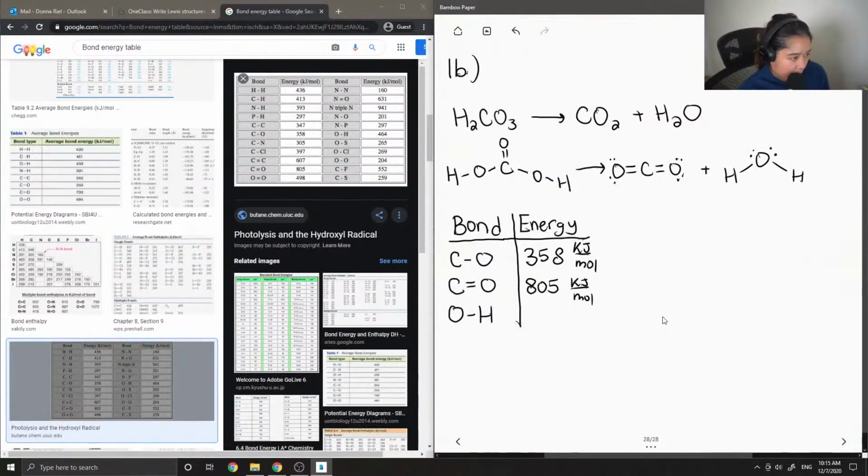And then a single bonded oxygen-hydrogen is 464 kilojoules per mole. Okay, so that is our second column in this table.